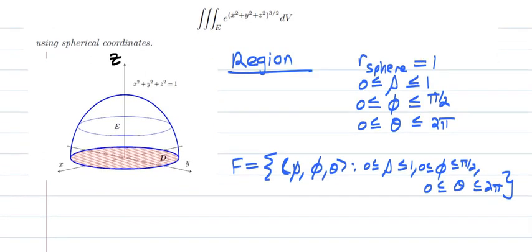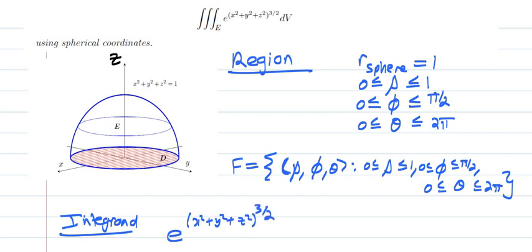Now let's have a look at the integrand. Remember, when you go to spherical coordinates, you only want to see rho, phi, theta. Can't say this enough. The integrand is e to the power (x squared plus y squared plus z squared) raised to the power 3 over 2.